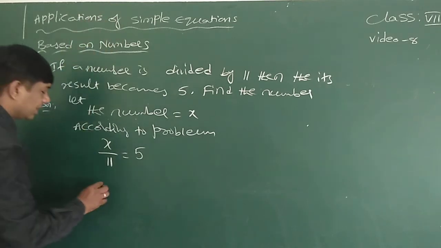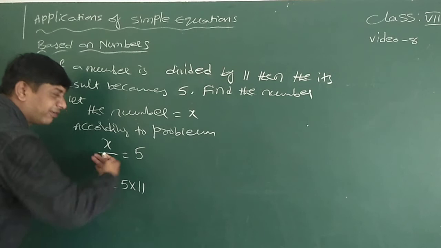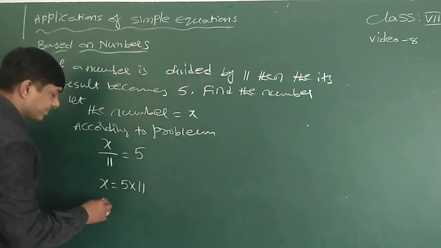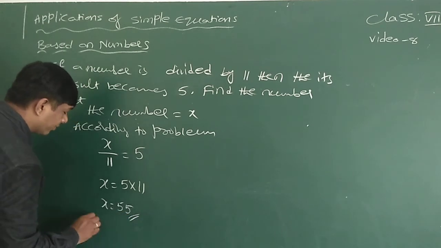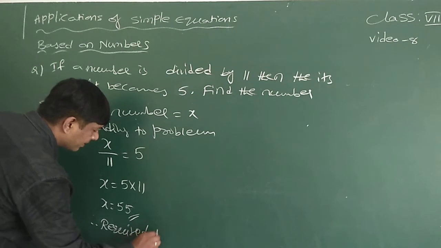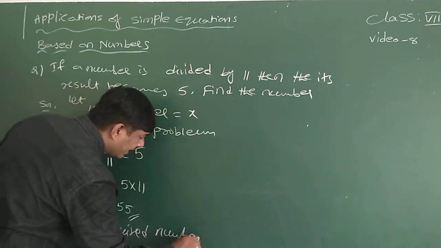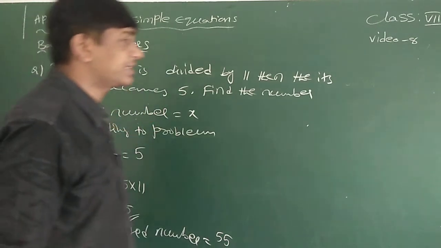Transposing, x is equal to 5 into 11. The denominator value goes to the other side as multiplication. x is equal to 55. Therefore, the required number is 55. Please write down.